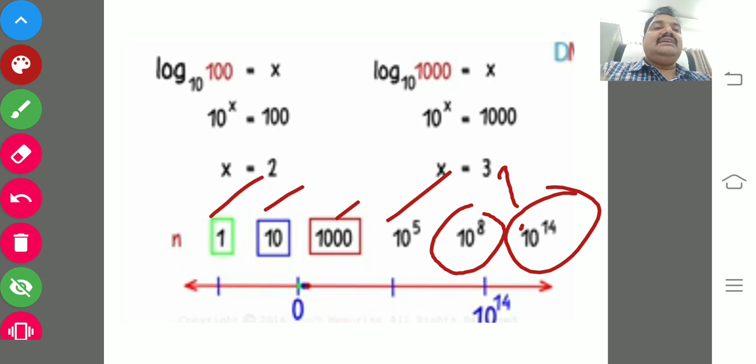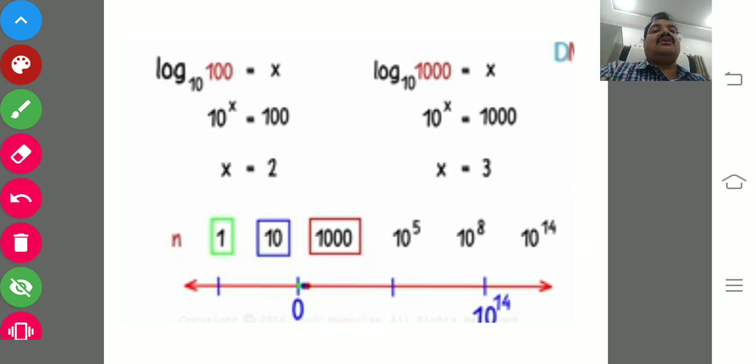So these values start from tiny, very small values and end with huge values like 10 power 14. How will you represent all these values on a number line? It's highly impossible.